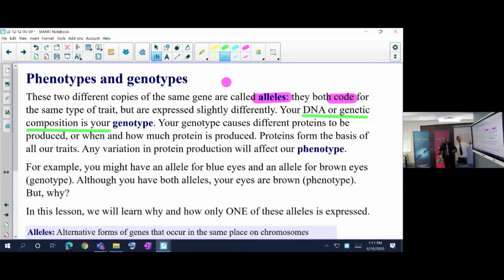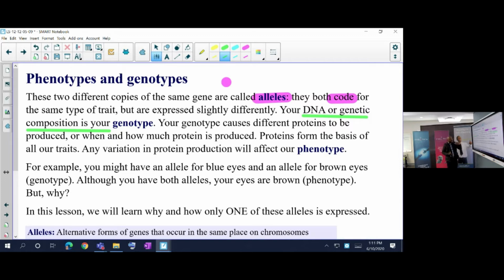What makes you up intrinsically, if I may say so. I hope we are together. What makes you up? Your DNA, remember your double helix that we did last term, is what is referred to as your genotype. All right.